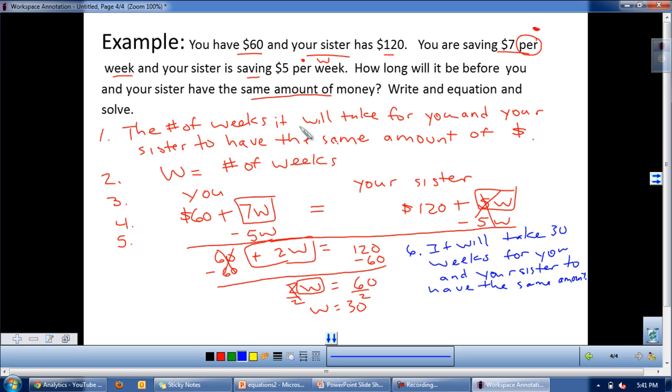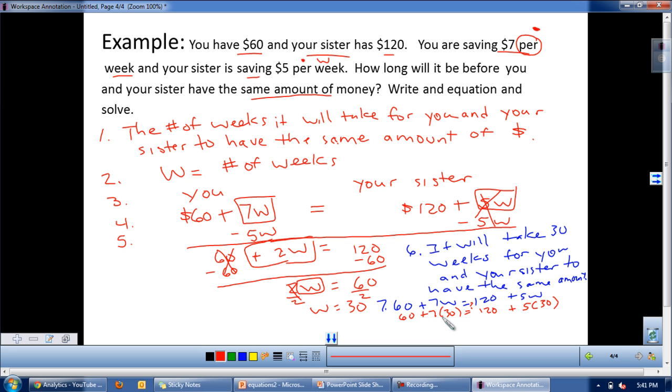And last but not least, we need to check our equation, and I'll do this kind of quickly. We'll recopy the equation: 60 plus 7W equals 120 plus 5W. We're going to replace the W with 30. So I'll change back to red. 60 plus 7 times 30 equals, again, we don't know if it's equal yet, so we put a question mark, 120 plus 5 times 30.